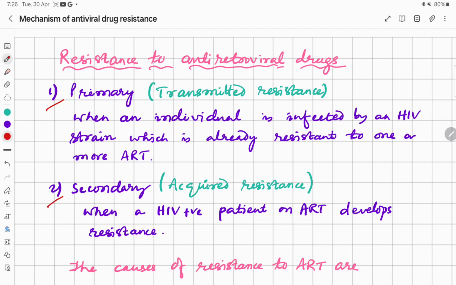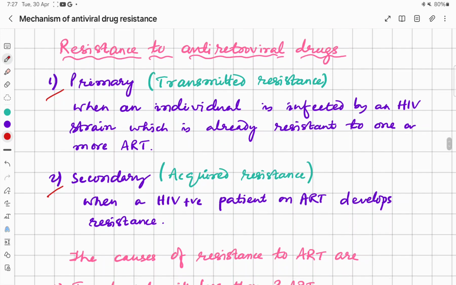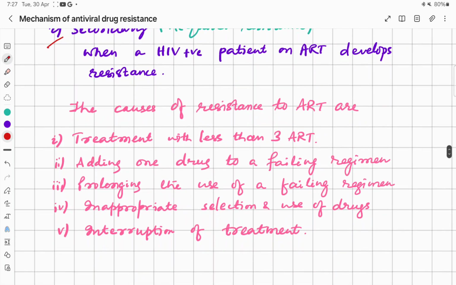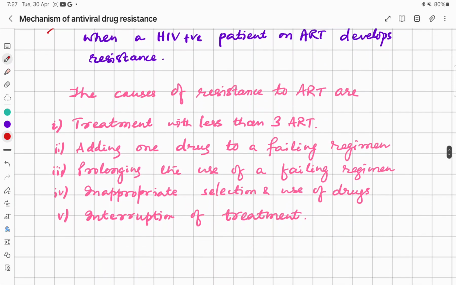Primary is also known as transmitted resistance, where an individual is infected by an HIV strain which is already resistant to one or more antiretroviral drugs. And secondary is acquired resistance, where the person is HIV positive and taking some antiretroviral drug and then develops the resistance.